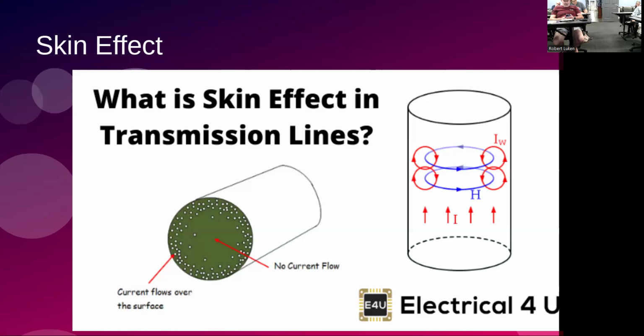We call that skin effect, and it increases with increasing frequency. The higher the frequency, which is more energy, because it takes more energy to cause something to oscillate at a higher frequency, the more skin effect there is, and it has a thing called skin depth, which is how much of that outer surface is actually conducting current.